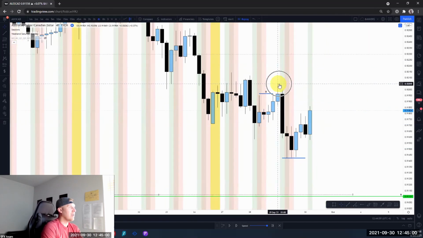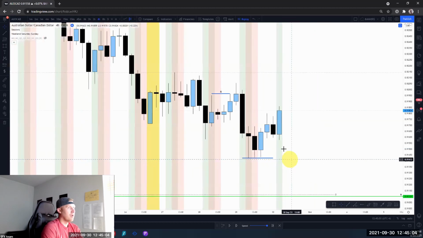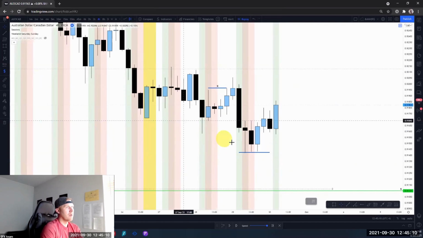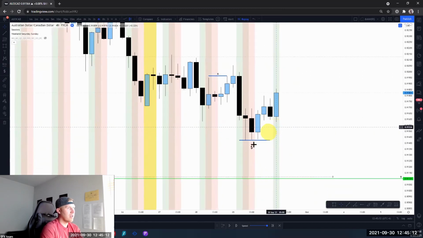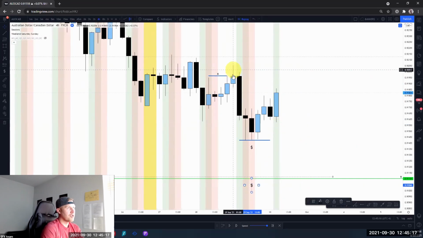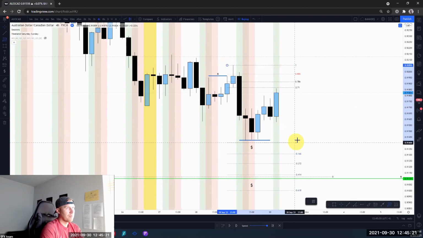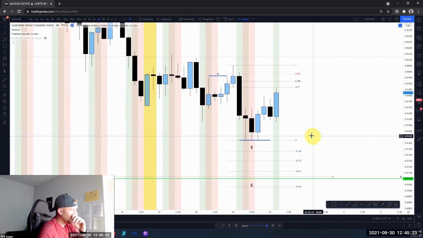Here's previous day high here. Here's previous day low here. Manipulation candle, equal lows, short-term target with the long-term target here. You'd be looking for shorts in this area here. Does that make sense for everybody?